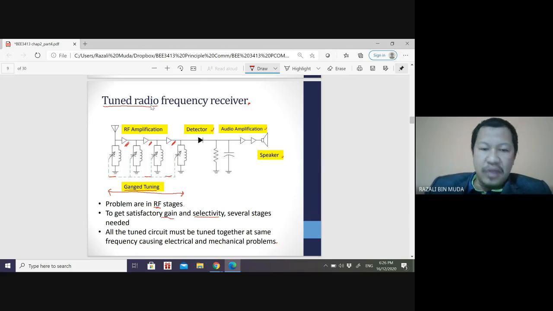Okay, now you have gang tuning, several stages of tuning and amplification. Okay, first stage here, tuning here, and amplification here, and then another tuning here and amplifier here, and another tuning here and amplifier here.